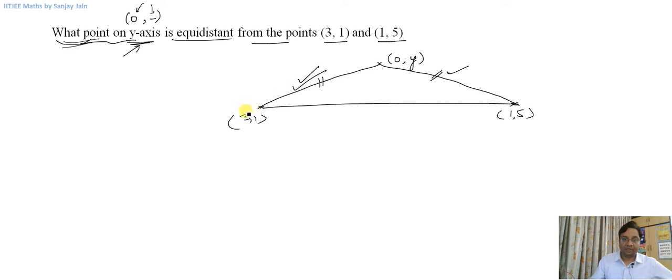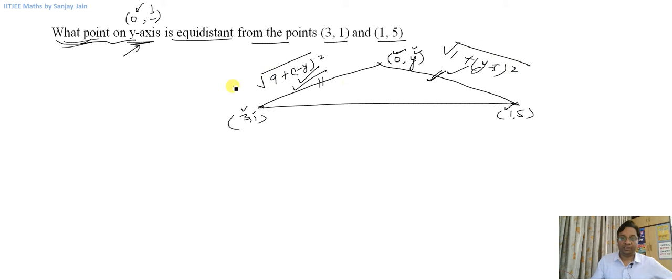So applying distance formula, difference of abscissa 3 minus 0 squared, that is 9, plus difference of ordinates 1 minus y squared, and then we will take the square root. And to find this side, difference of x coordinates, that is 0 minus 1 squared, that is 1, plus y minus 5 squared, and then square root.